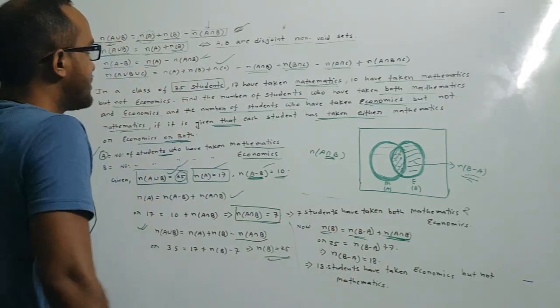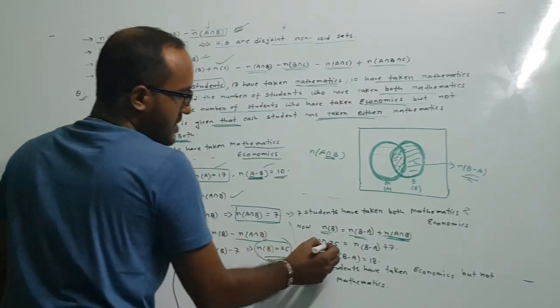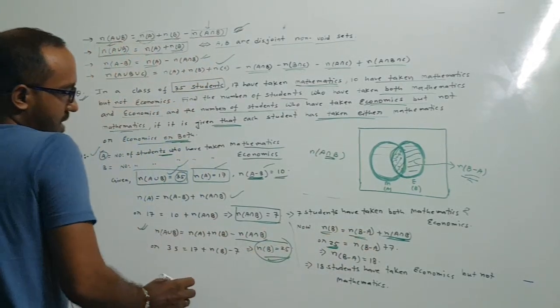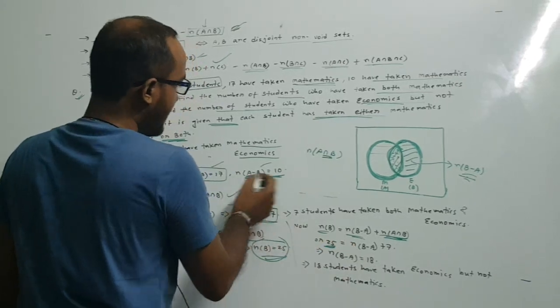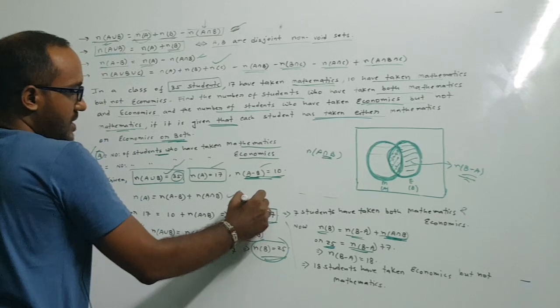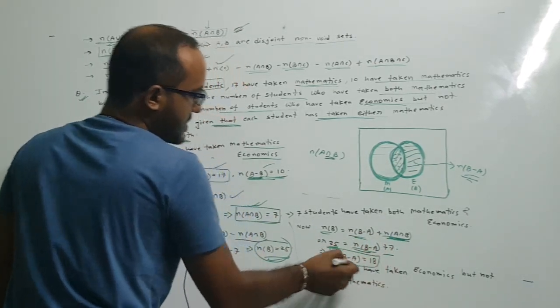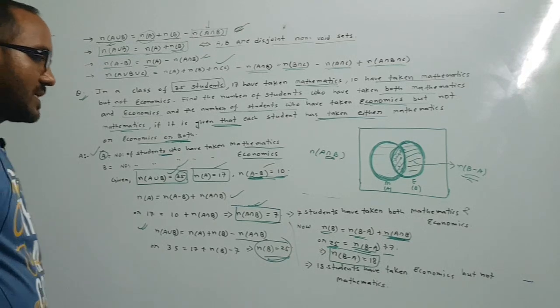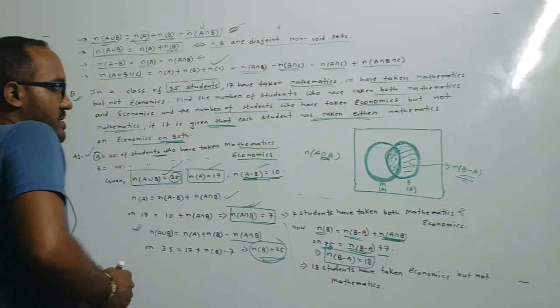So n of B is 25, we have just calculated. N of B minus A is not given. N of A intersection B we have calculated, that is 7. Now subtract, you will get n of B minus A, which is 18. That means 18 students have taken economics but not mathematics.